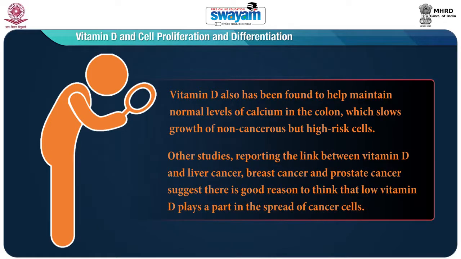Other studies reporting the link between vitamin D and liver cancer, breast cancer and prostate cancer suggest that there is good reason to think that low vitamin D plays a part in the spread of cancer cells.